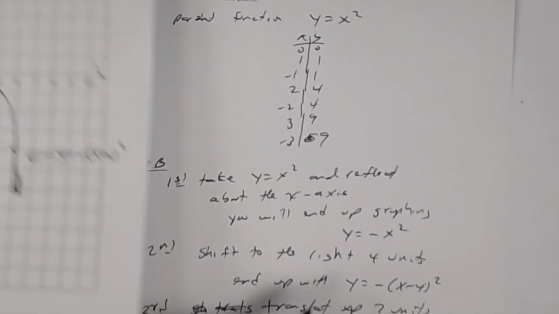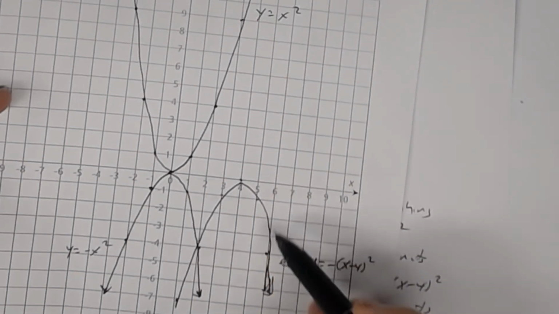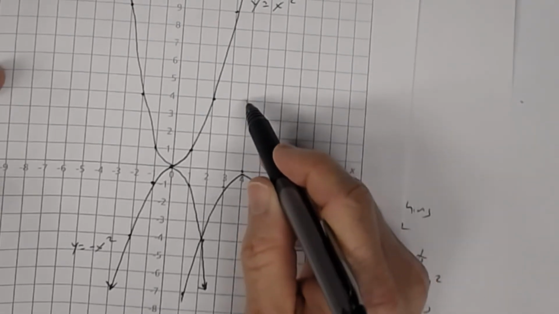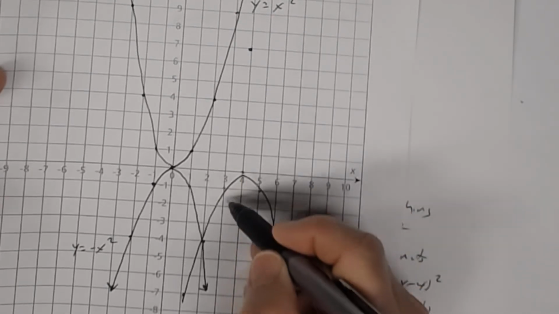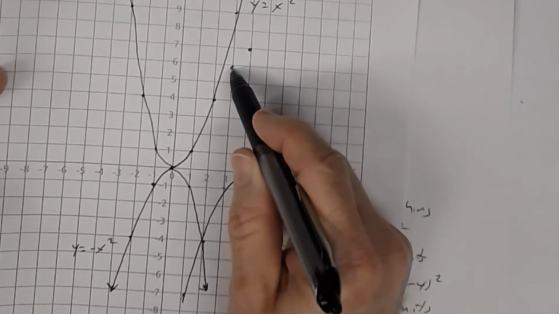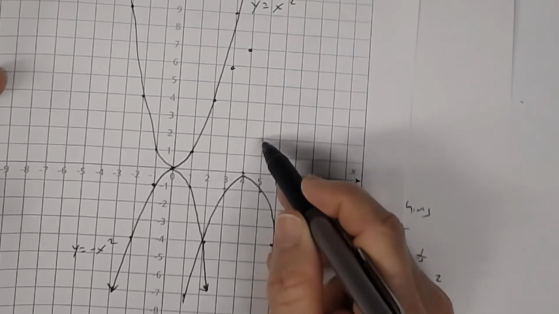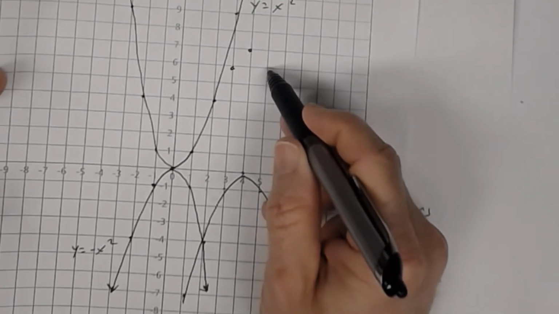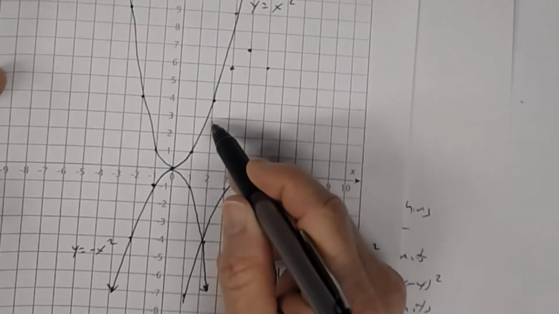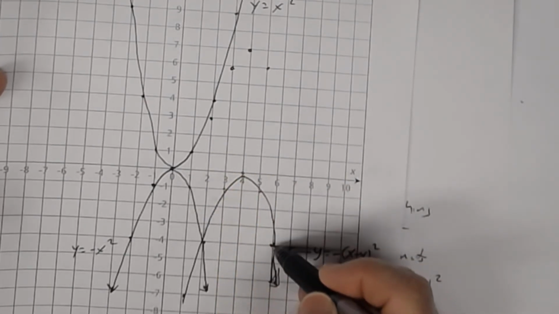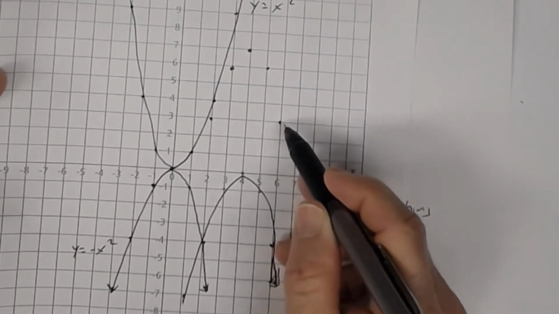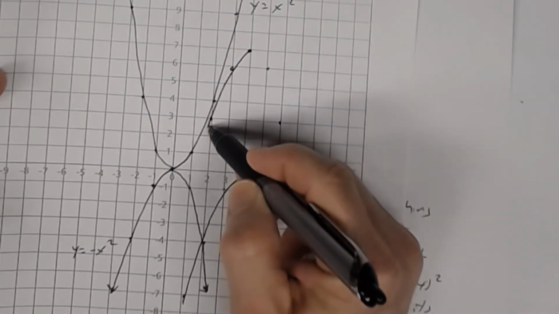So all you do now is just take each of these points and shift it up 7 units: 1, 2, 3, 4, 5, 6, 7. Something like that. And there's your graph.